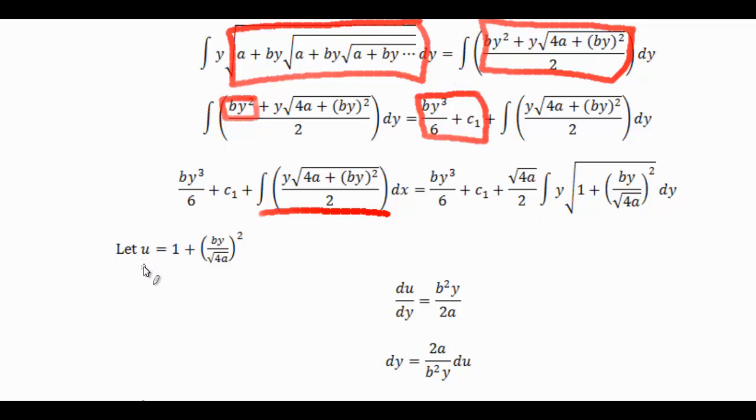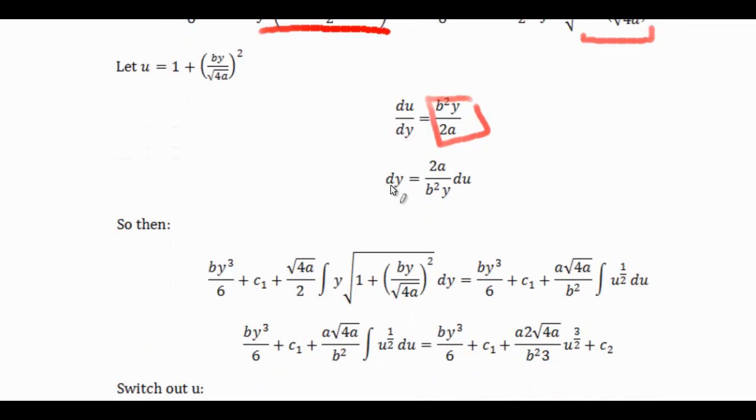Now what we're going to do is a u substitution. We're going to say let u equal 1 plus b y over root 4a squared, which is this piece in here. Differentiating u with respect to y, we get this value. And then rearranging, we notice that dy is going to be equal to 2a over b squared y du.